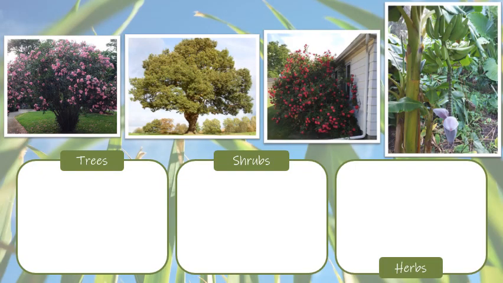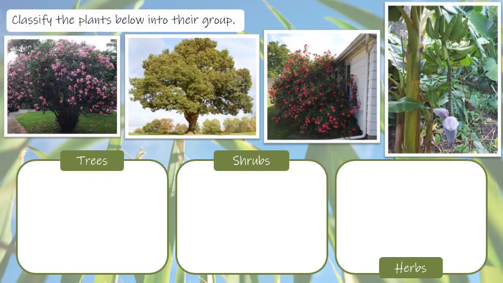What are the three categories of plants? Trees, shrubs, herbs. Say them with me. Trees, shrubs, herbs. One more time. Trees, shrubs, herbs.